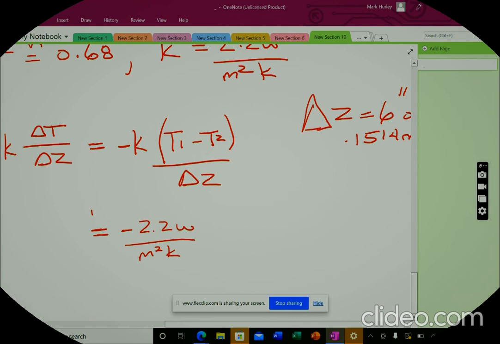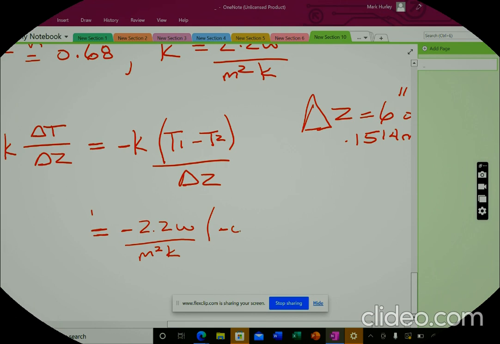So when you take Kelvin, it doesn't matter if you use degrees Celsius or Kelvin. Kelvin is basically degrees Celsius plus some value, I forget the actual value, but when you take the difference, that cancels out, so it stays the same. So it doesn't matter if you use degrees Celsius in this case.